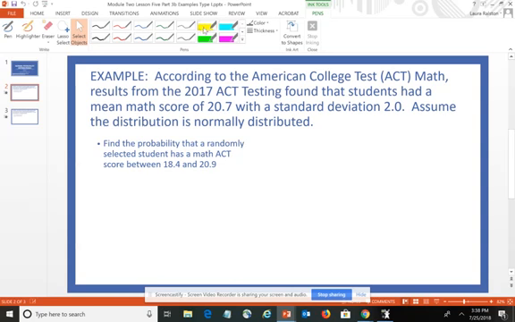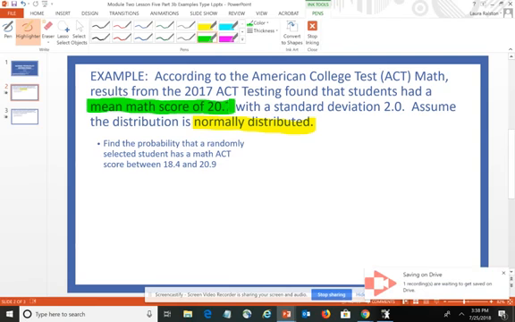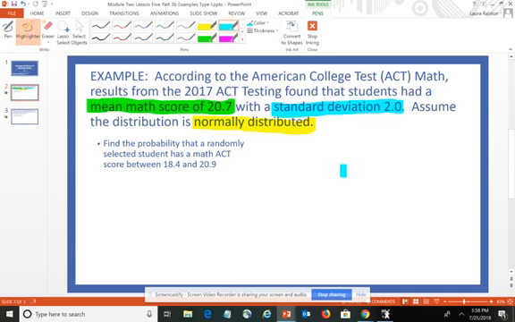Again, we have to know, and we're told, that the distribution is normally distributed. We also have to know the mean, which is 20.7, and the standard deviation, which again is given as 2.0.